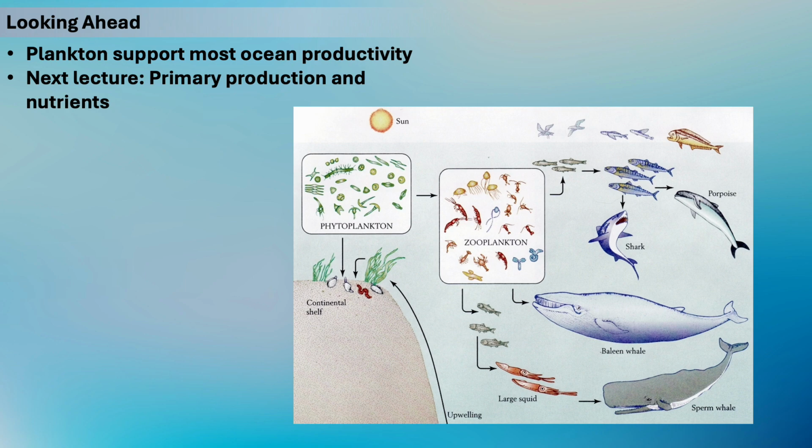In the next lecture, we will build directly on this idea by examining primary production and nutrient availability in the ocean. We will explore how microscopic phytoplankton use sunlight and dissolved nutrients to produce organic matter and why this process ultimately provides the energy that supports nearly all marine food webs.